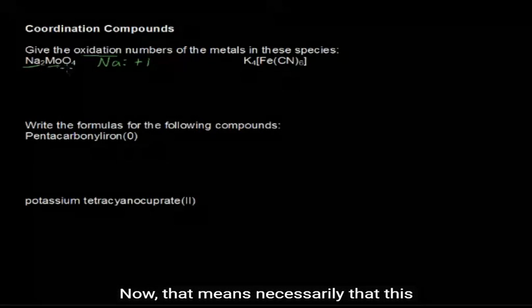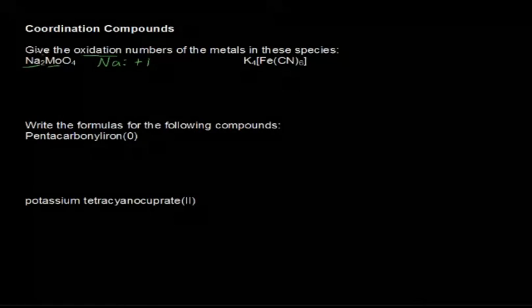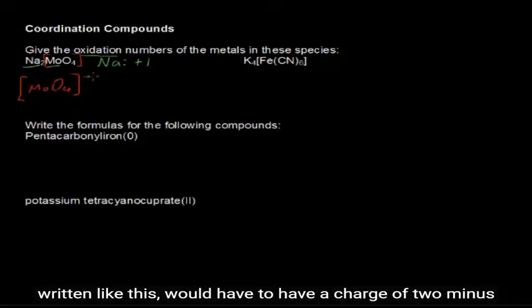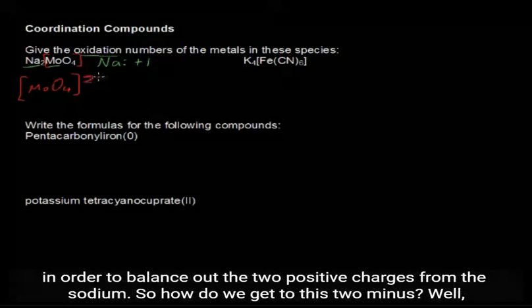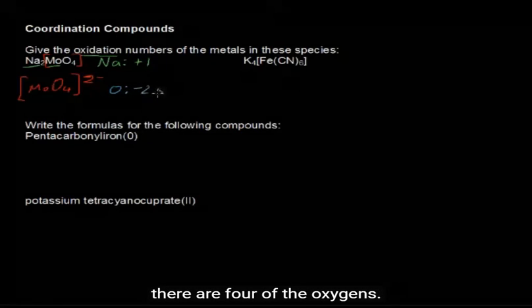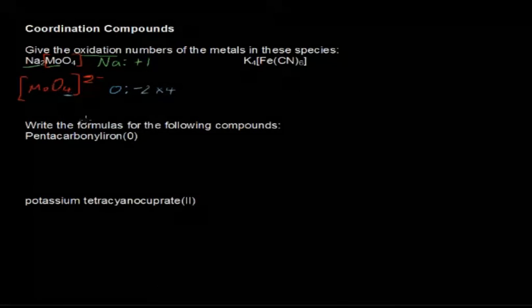Now, that means necessarily that this ion, MoO4, written like this, would have to have a charge of 2 minus in order to balance out the two positive charges from the sodium. So how do we get to this 2 minus? Well, let's see what the oxygen gives us. Oxygen has a charge of -2, and there are 4 of the oxygens.